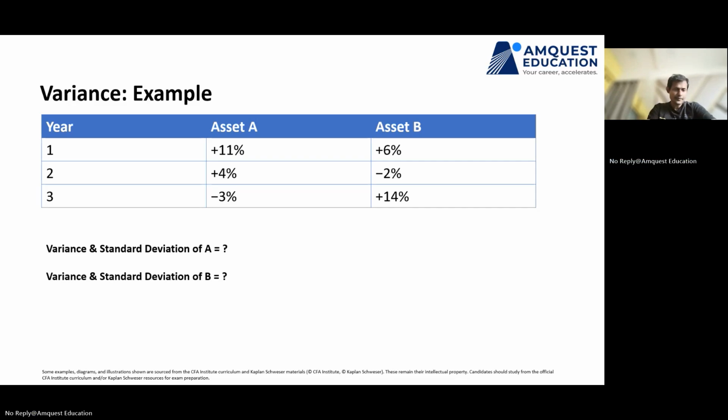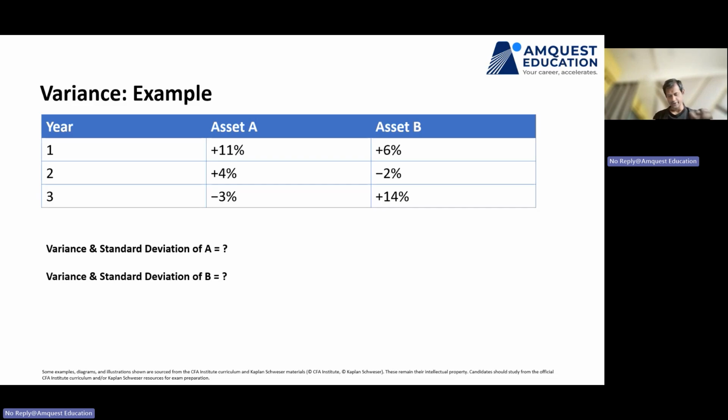Perfect. So the summation of x minus x bar, the whole square, upon n, is the formula.